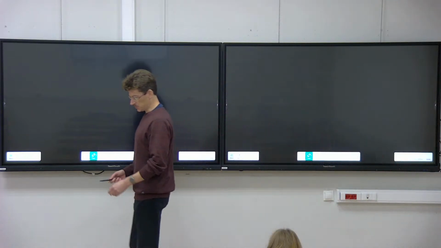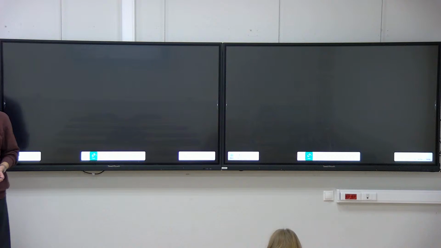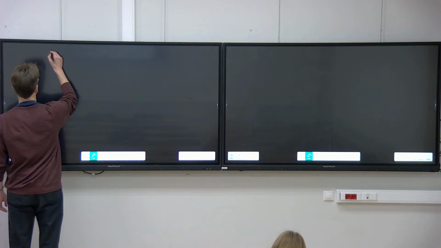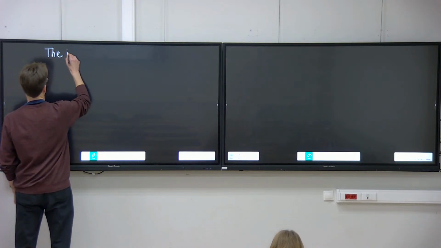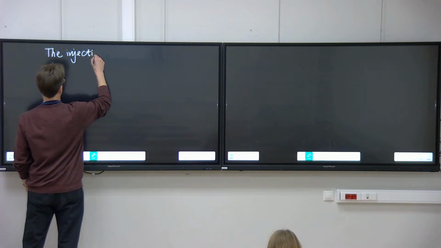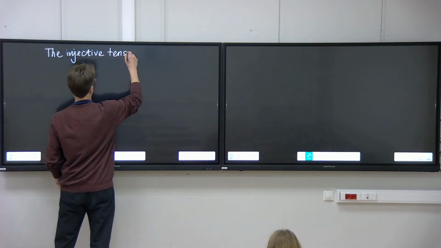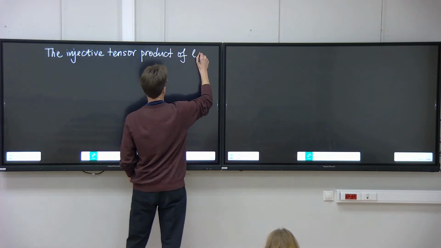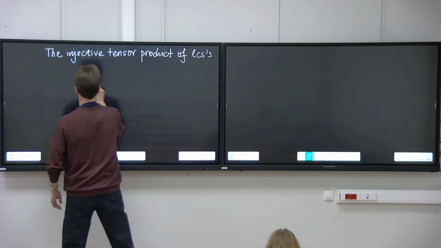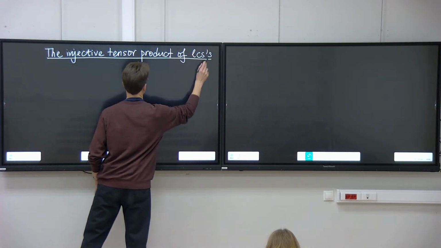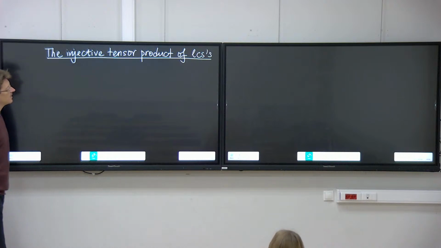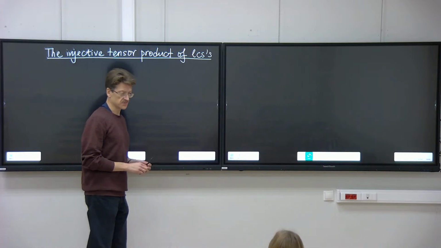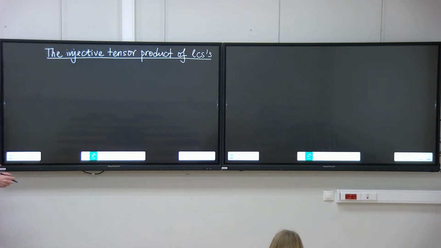Okay, so today our first goal will be to introduce the injective tensor product of locally convex spaces. In contrast to the projective tensor product, which is defined by a universal property, the injective tensor product is given by an explicit construction.